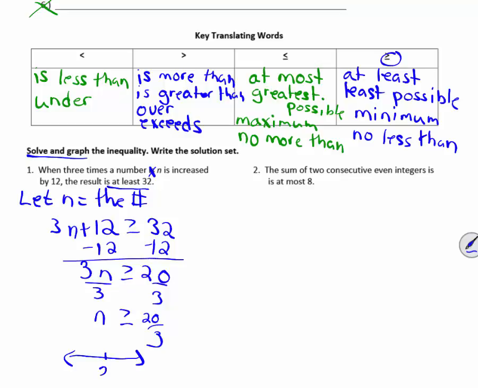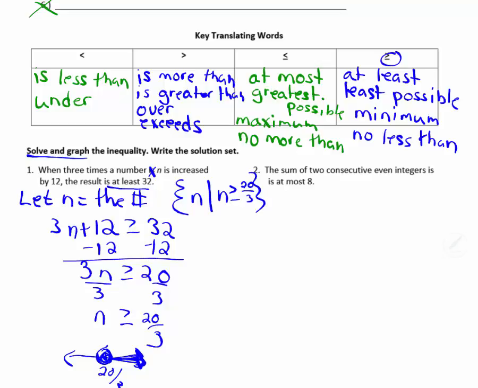So we're going to have 20/3, closed circle. We're going to the right because it's greater than. And then for the solution set, I'm going to write it in set builder notation. So in set builder notation, we have all n such that n is greater than or equal to 20/3.